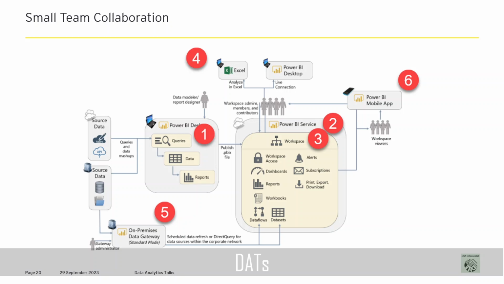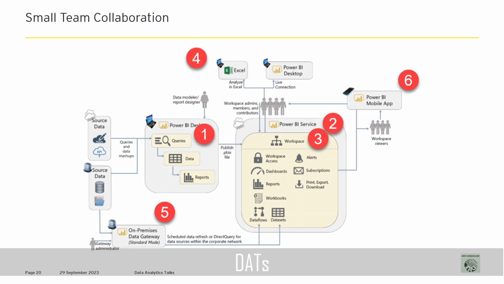But the thing is, this is a small team. For small team scenario with a group of users who work closely together and interact regularly, collaboration and distribution could be handled directly within a workspace as depicted in the diagram. So I have mentioned to you what is a workspace, right? The workspace is different from my workspace.